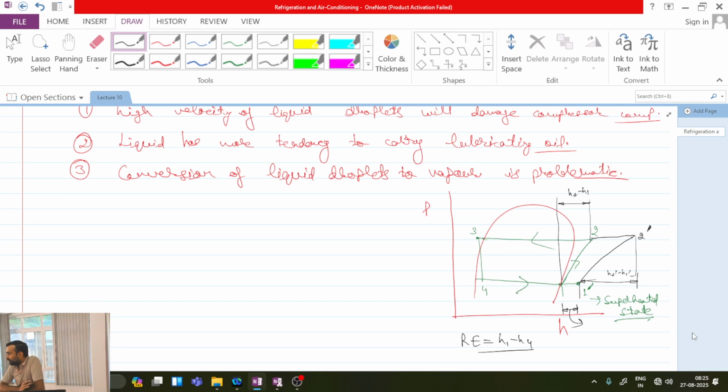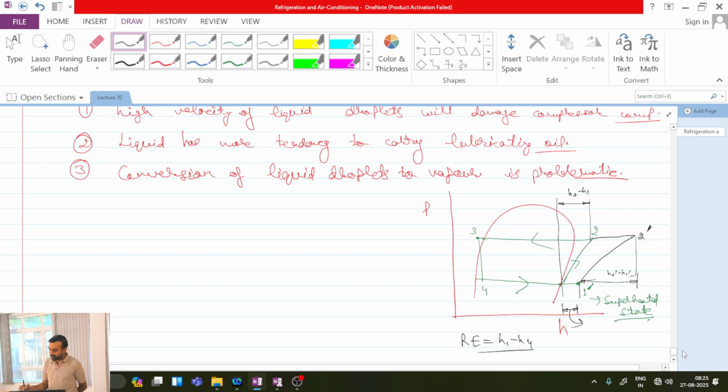Is this one clear? So that's why by just exposing the tube from the exit of the evaporator to the inlet of the compressor, though it will solve the purpose of always ensuring the safety of the compressor, what will be the challenge? The challenge will be that it will lead to a significant amount of work input for almost the same refrigeration effect. Is this one clear?